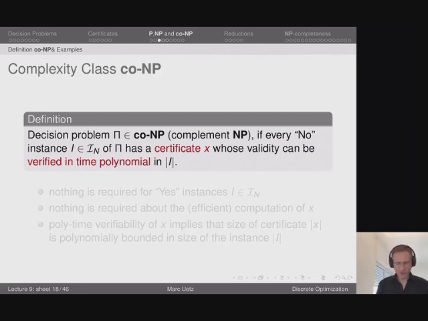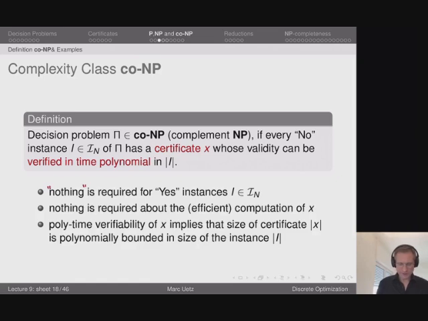Otherwise, the definition is totally symmetric. Nothing is required for yes instances, nothing is required about the efficient computation of the certificate, and also here the certificate has a polynomially bounded size.